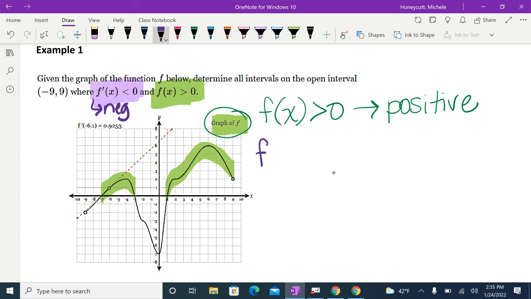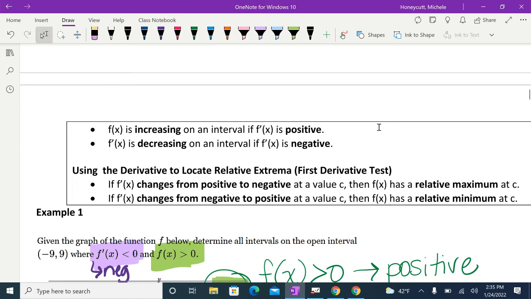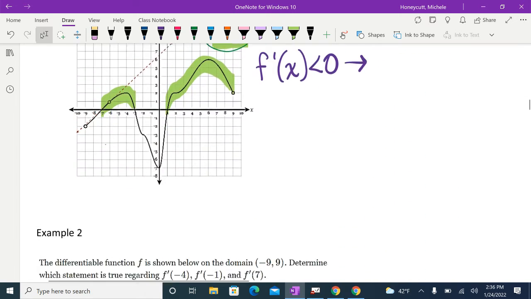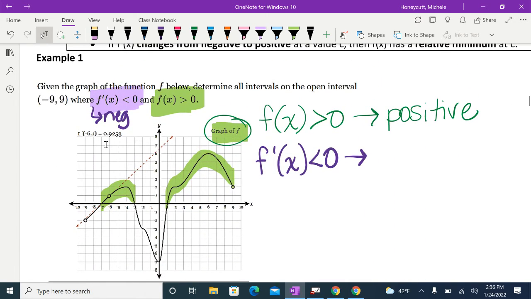So if f prime of x is less than 0, then I'm going to go to my chart and say, okay, when f prime is less than 0, when f prime is negative, then that's also where f would be decreasing. So I also need to look for where f is decreasing.